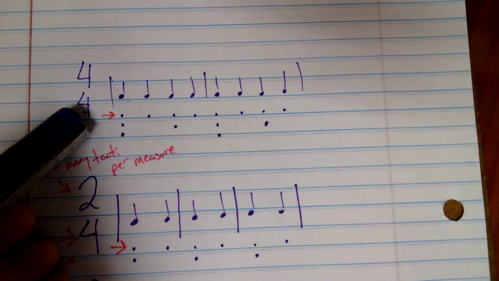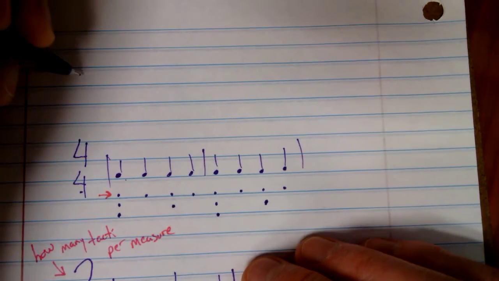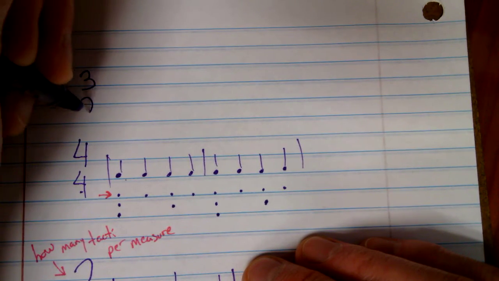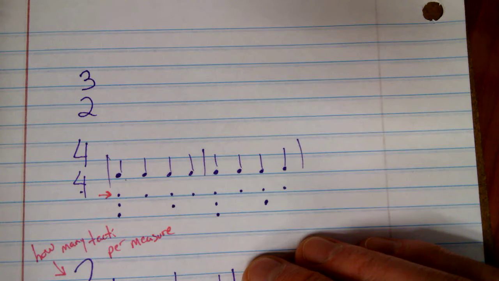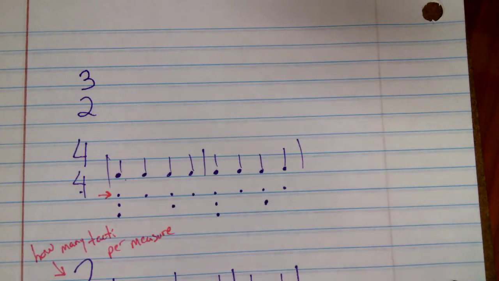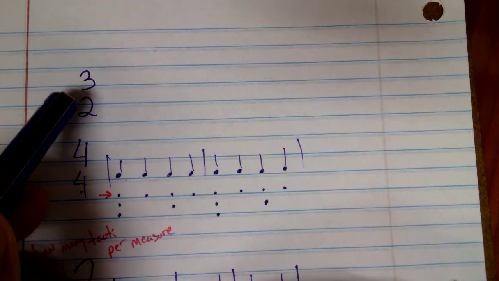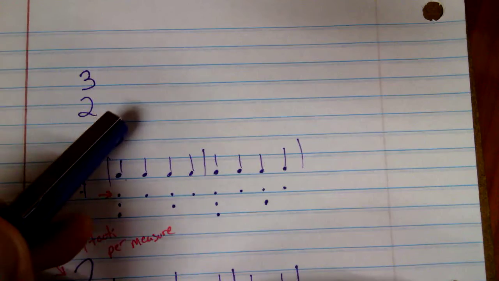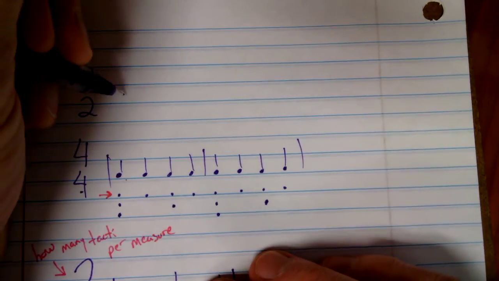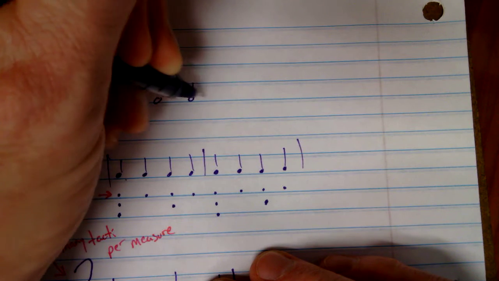The lower number does not have to be 4. Let's say, for example, that our meter was 3-2. What note value would count as the tactus in that meter? Well, that lower number is a 2, and that 2 basically means you imagine 1/2 or a half. That means the half note counts as the tactus.